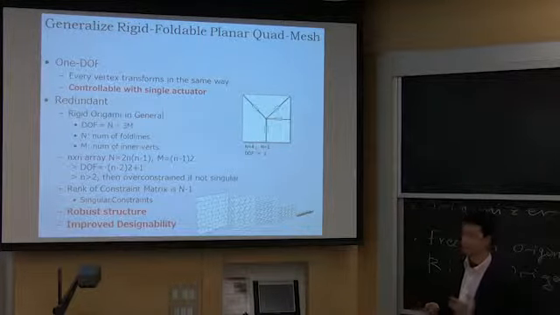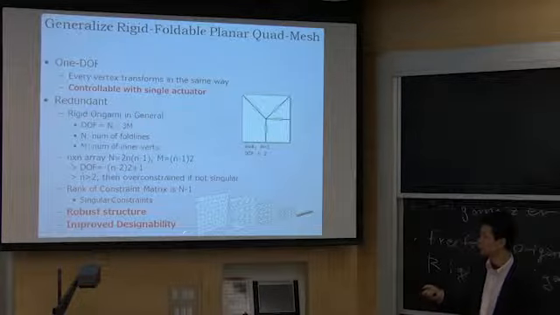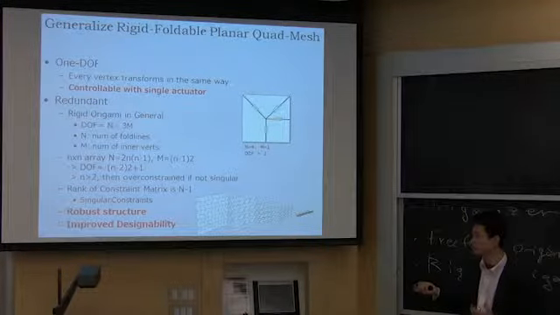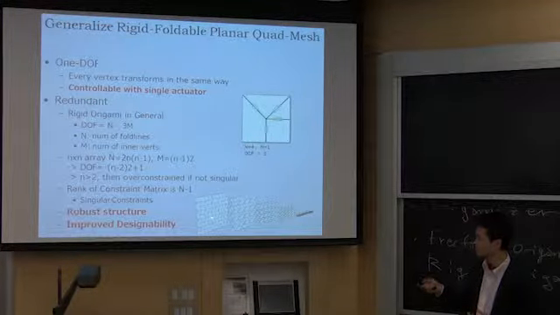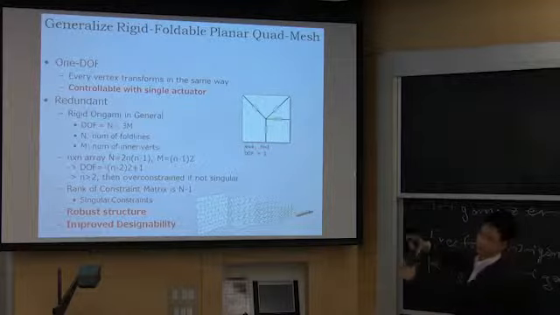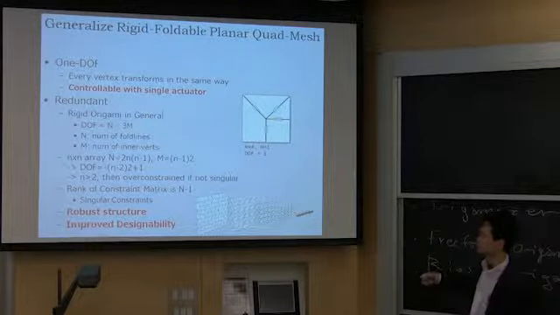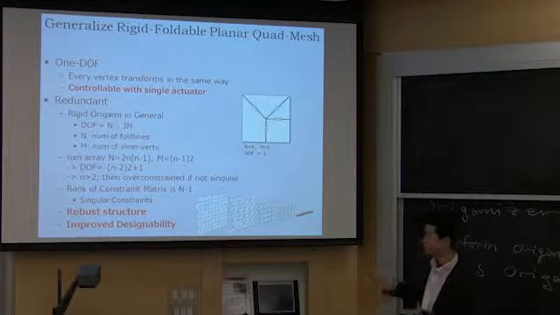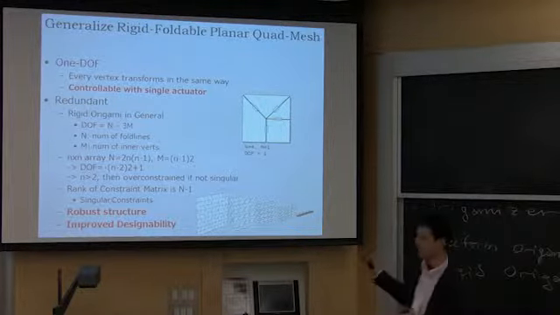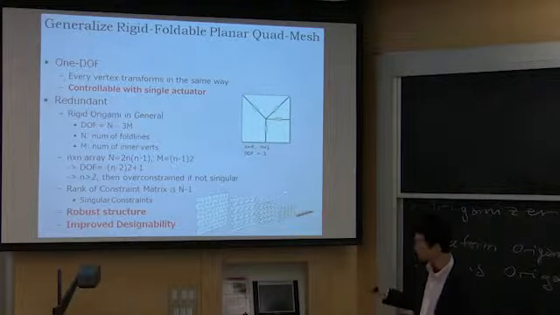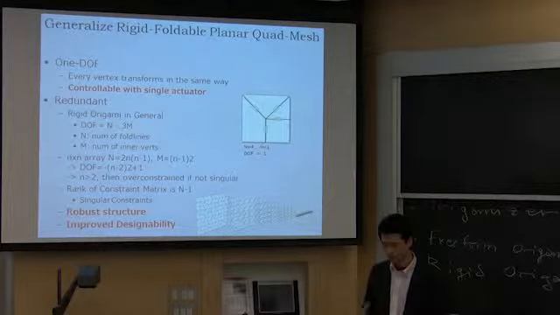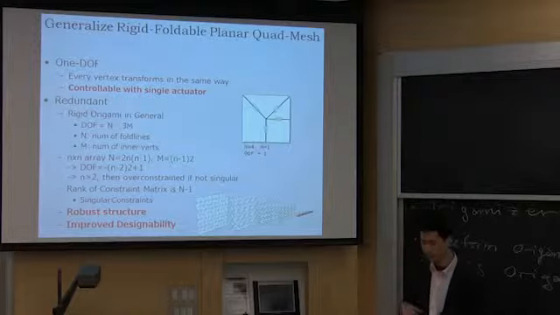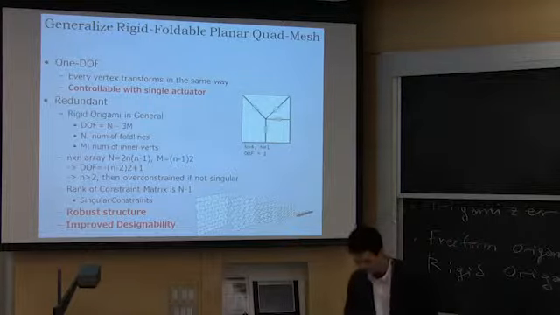And also this is great because all the constraints are redundant. You can remove this part, so you can put a hole in the center, but still it results in the same motion. And you can design more freely with this kind of robust, redundant constraint structure.